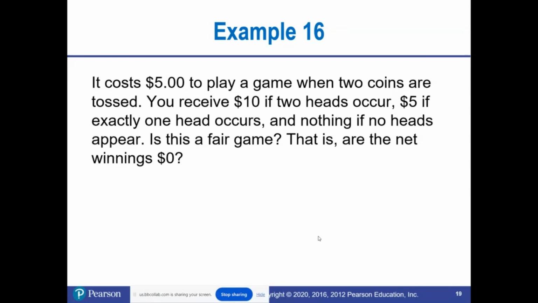Okay, so in this example, it costs you $5 to play a game when 2 coins are tossed. You receive $10 if 2 heads occur, $5 if exactly 1 head occurs, and nothing if no heads appear. Is this a fair game?